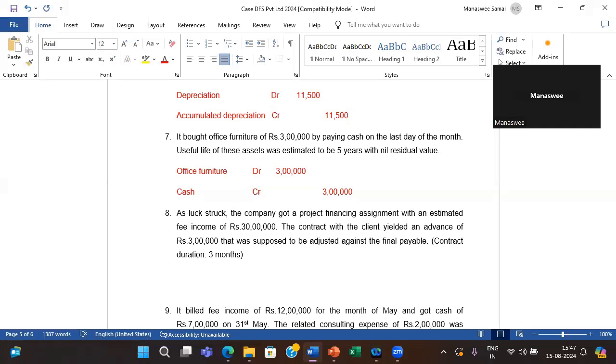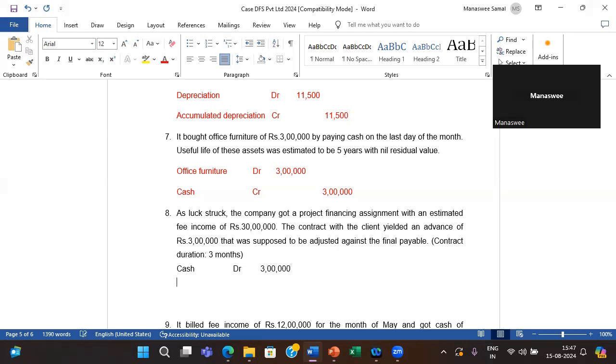So if a liability increases, then the item has to be credited. I'm getting cash. Cash is an asset that is increasing, so we use the word debit if an asset increases, and the amount is 3 lakhs.